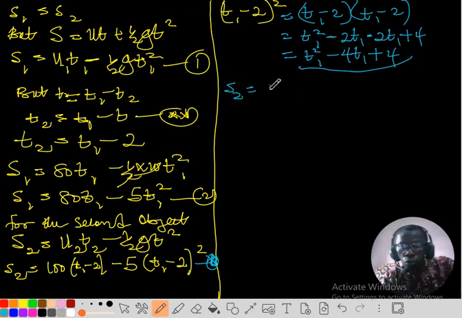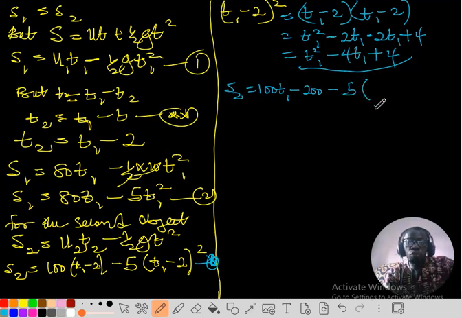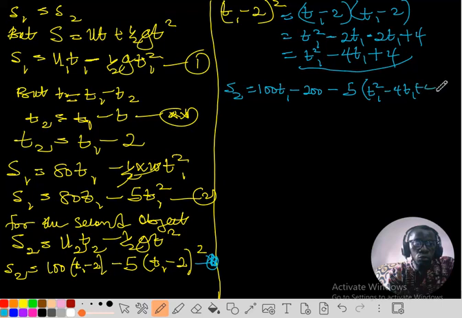So you have x2 equals 100. If you open the bracket, 100 T1 minus 100 times 2 will give you 200. Then minus, we have 5 in bracket of T1 squared minus 2 squared, which is going to be T1 squared minus 4T1 plus 4.